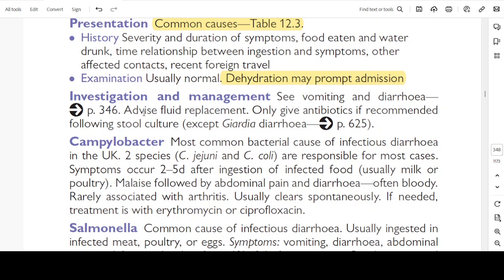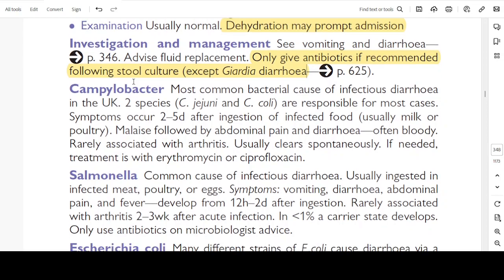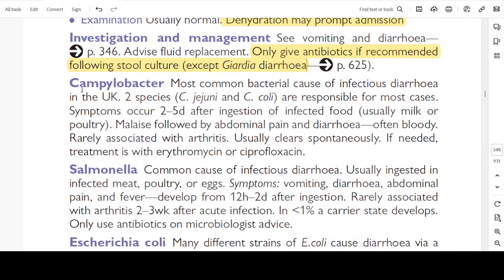Advise fluid replacement. Only give antibiotics if recommended following a stool culture, except for giardia diarrhea. So in normal vomiting and diarrhea, advise only fluid replacement. Antibiotics only when you have a recommended stool culture. Campylobacter: the most common bacterial cause of infectious diarrhea in the UK.